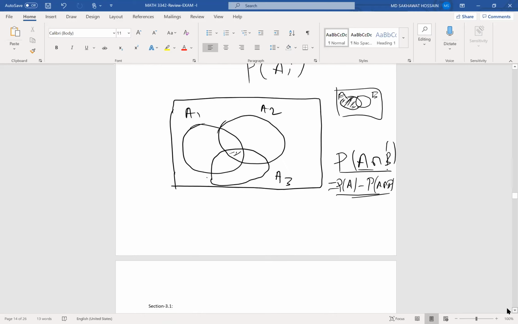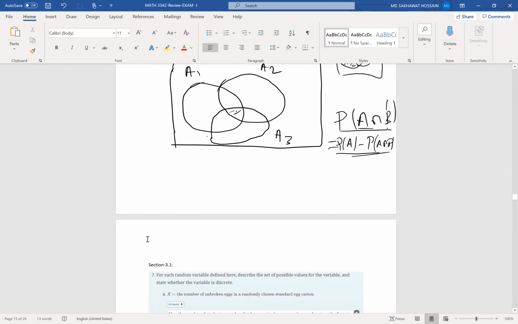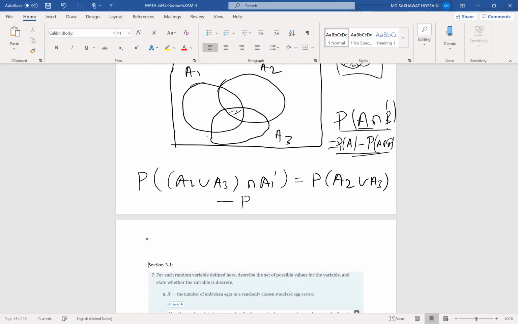The probability of A2 union A3 intersection A1 complement is equal to the probability of A2 union A3 minus the probability of the intersection of this one and A1, that means A2 union A3 intersection A1.